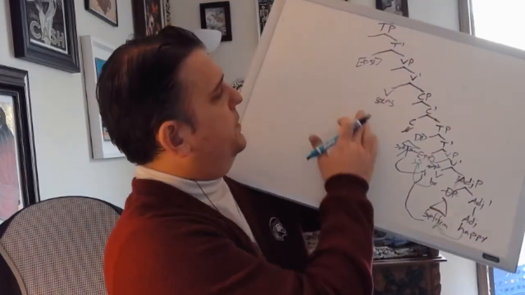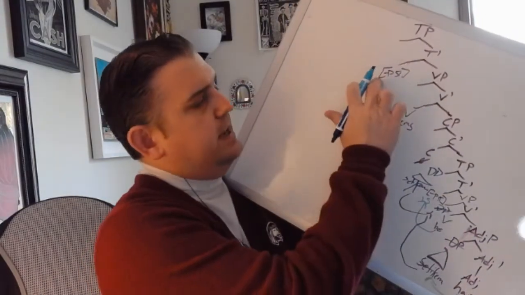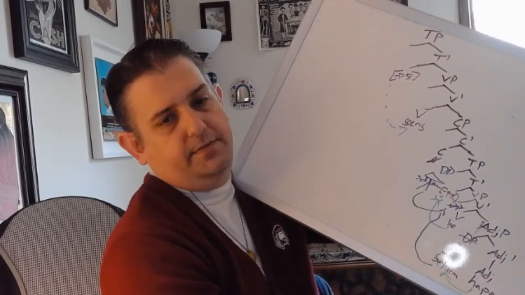And Selicum then has no reason to keep moving. So that DP is going to stop because the DP is greedy and lazy. The DP is not going to keep moving for no reason. So then we go up to the higher part of this clause, and we have a tense up here. There's this relationship between T and seems, but this tense up here still has an EPP feature that it needs to satisfy.